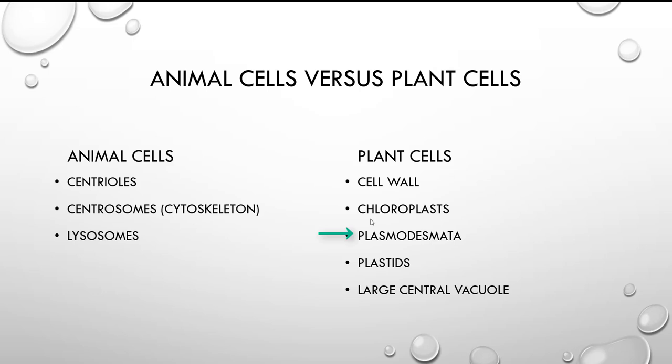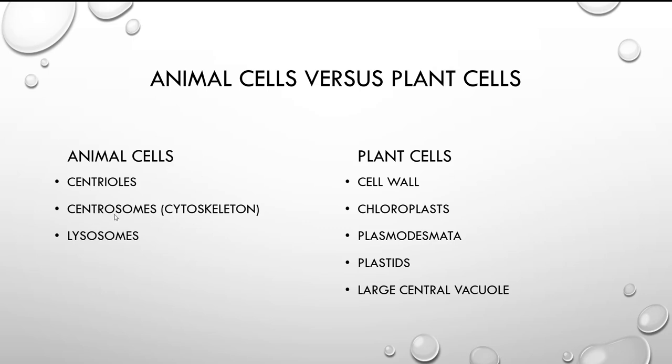We'll talk about the chloroplast, the site of photosynthesis. We already talked about the central vacuole, so that's that big, large place. And then I don't remember if we talked about plastids, but they carry pigment. So think of a flower with its bright colors. That's due to the plastids.